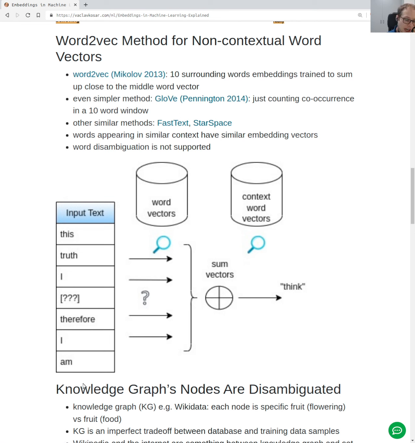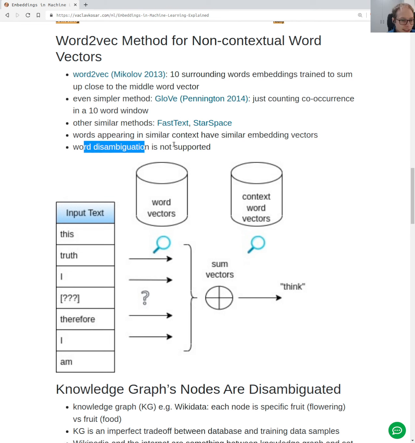So we went from the high dimension into a smaller dense dimension, and for each word, we now have a list of numbers that represent the word. There were other methods, not only Word2Vec and GloVe, but also fastText and StarSpace that came later, which also deal with embedding of the subwords, and StarSpace is sort of even more general, in that you can work with users and so on, but they have a very similar approach.